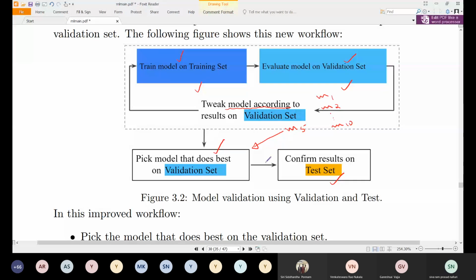And in the final phase, then only we conduct the test. The problems in the test set will not be revealed more than once. I think you are all familiar with this.